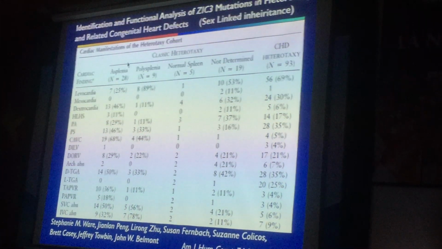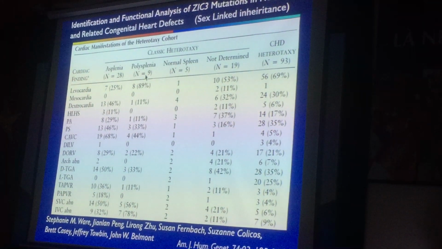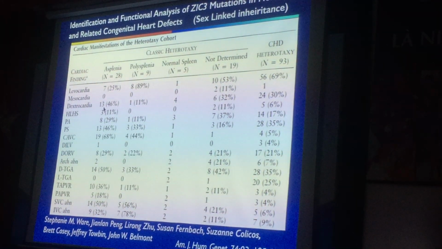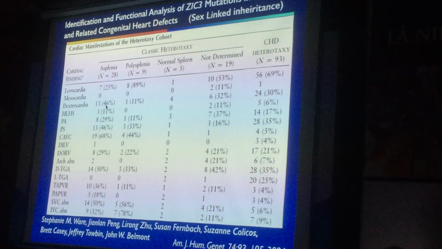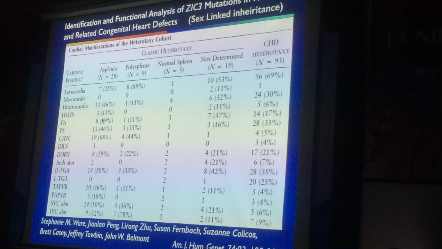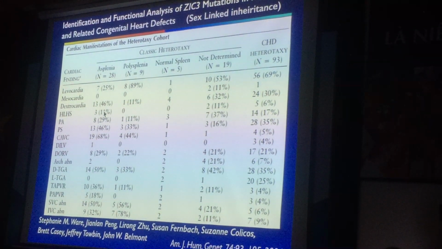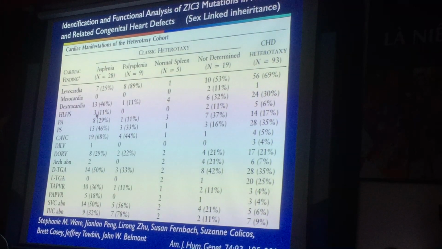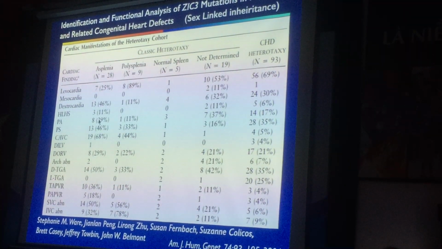Let's just replace this with right isomerism and left isomerism. Dextrocardia was much more common with right isomerism. Hypoplastic left heart, which is interesting, always occurs with right isomerism.